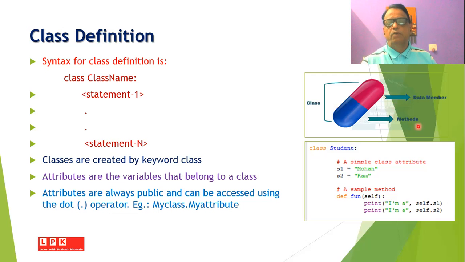For example, if I call a class Student, then I can have simple class attributes such as student1 and student2, and I can have an associated method. For example, the method named fun, where I will just print the names of the students. Such a combination of attributes and methods is called a class in Python.